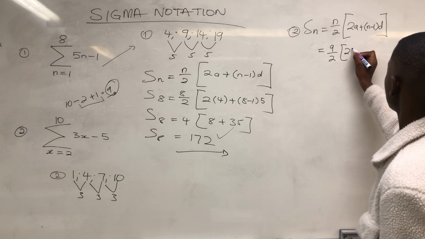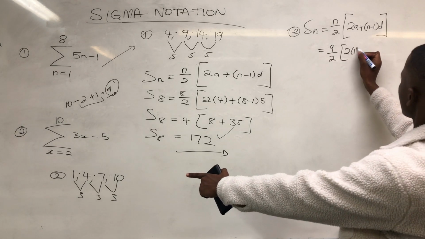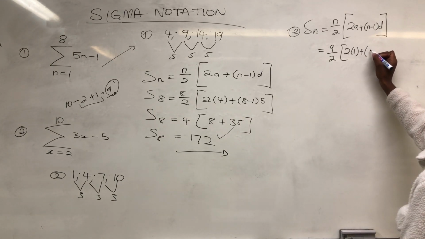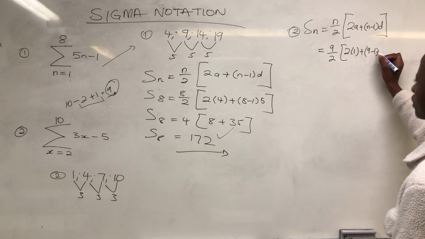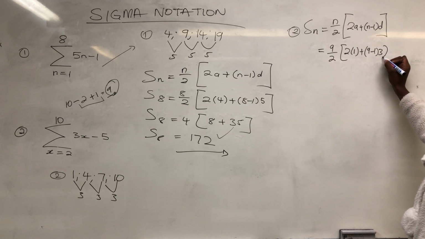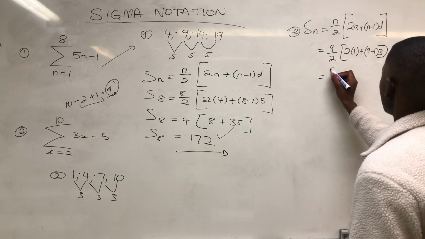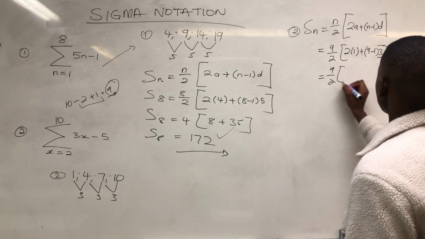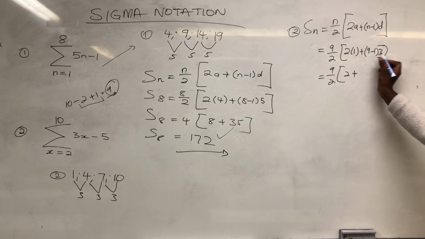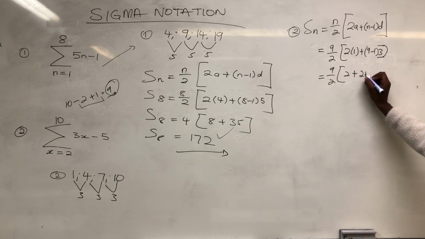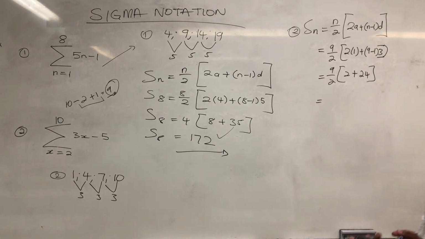We have 2 times 1, the very first term, plus 9 minus 1, times the difference, which is 3. So 9 over 2, we have 2 plus 8 multiplied by 3, which is 24.